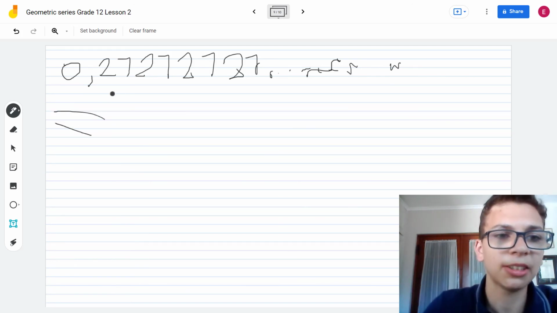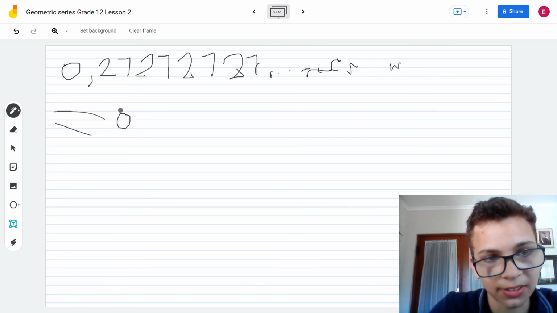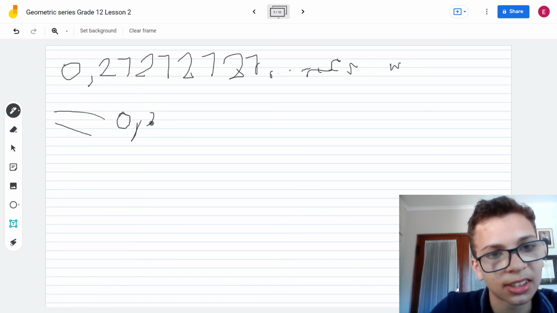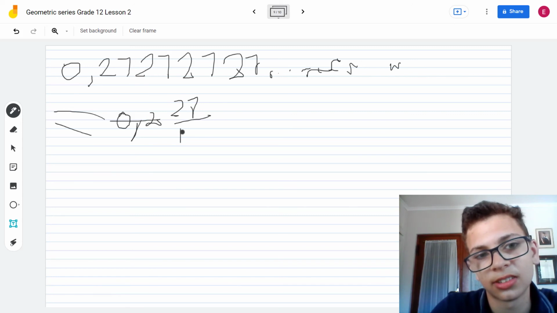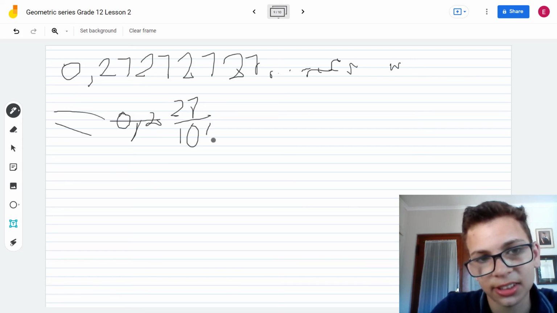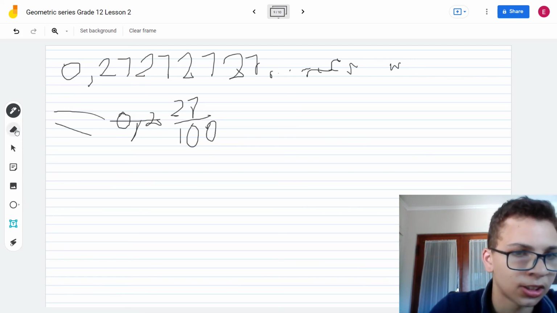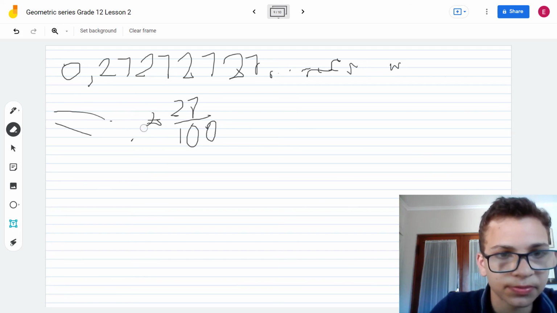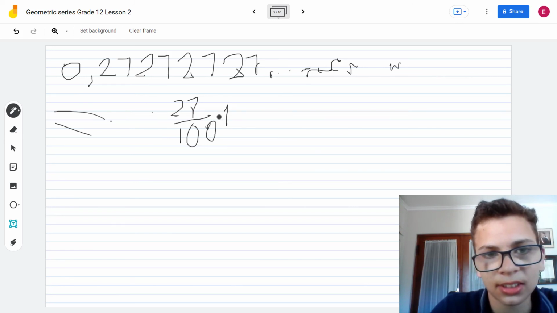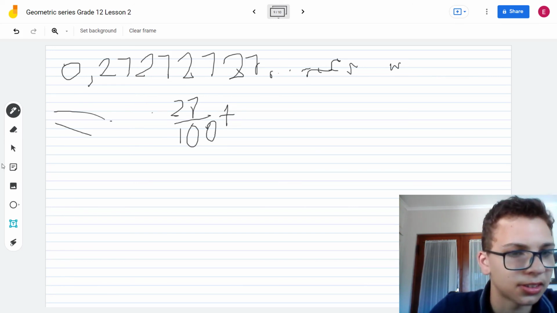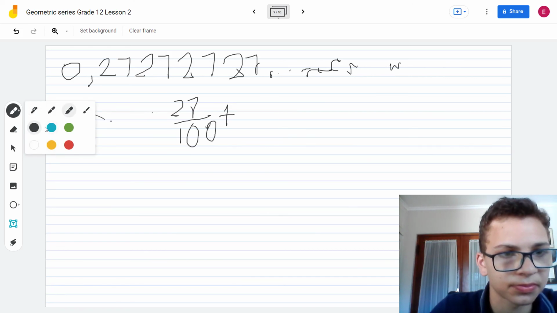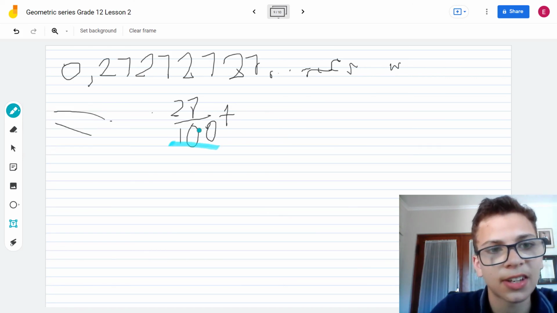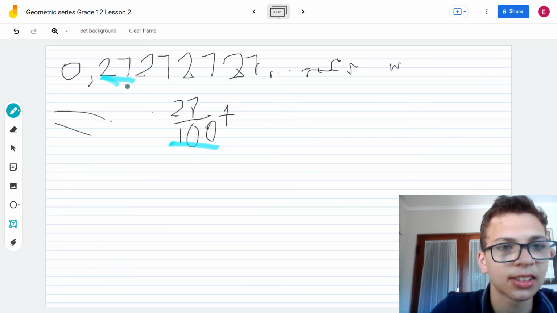Well, that will just be equal to 0.27, which I'm actually going to write as 27 over 100. So I'm writing it as a fraction. Plus, this part here, 27 over 100, that will be this part, okay?